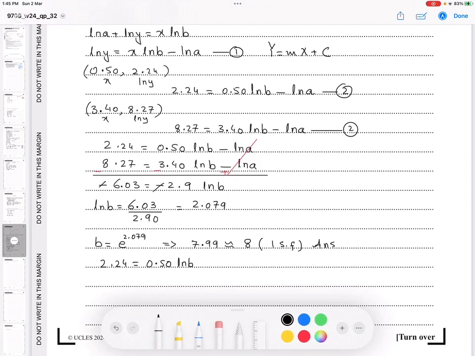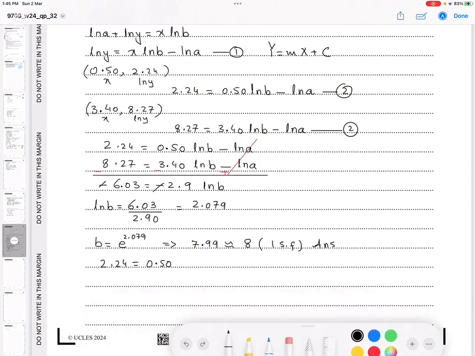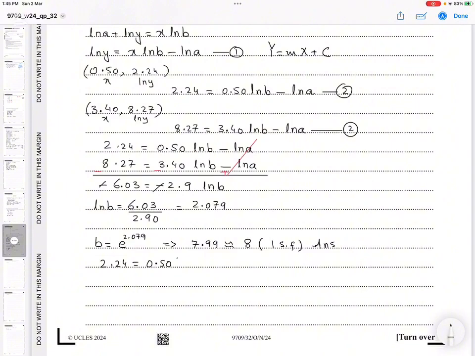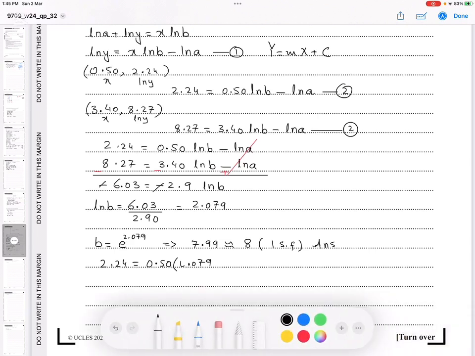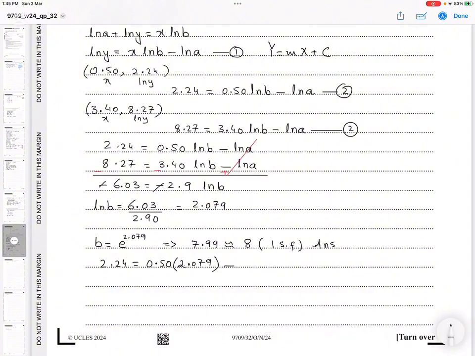Actually, ln b is the value we have just found, so let me write it again: 2.079, minus ln a.